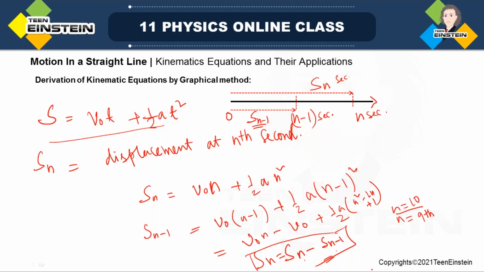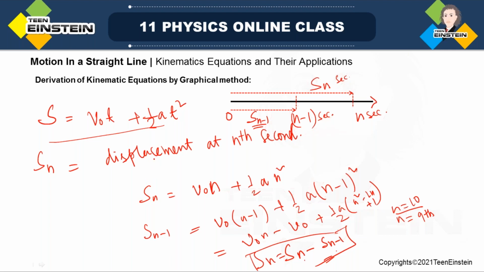For the time being, I'll just write here and I'll leave it to you to derive this expression and see what you get. There will be a numerical problem from this particular equation.